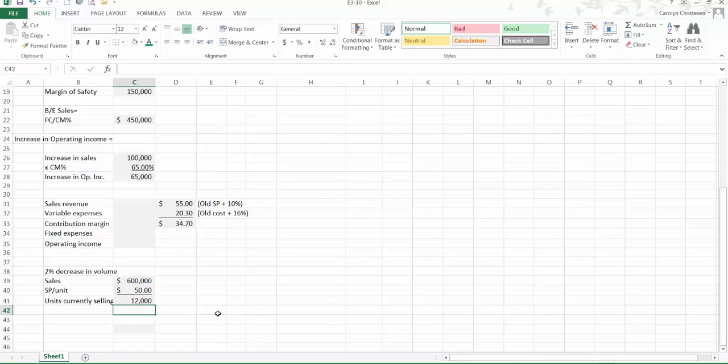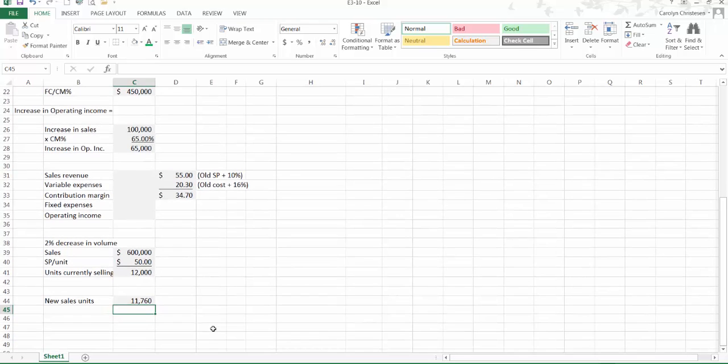So now we know that our new sales volume is going to be 98% of the old sales volume because it's going down 2%. So our new volume, or new number of sales units, will be equal to the old number of sales times 0.98. Alternatively, you could take 2% and subtract it. This is just a shortcut.